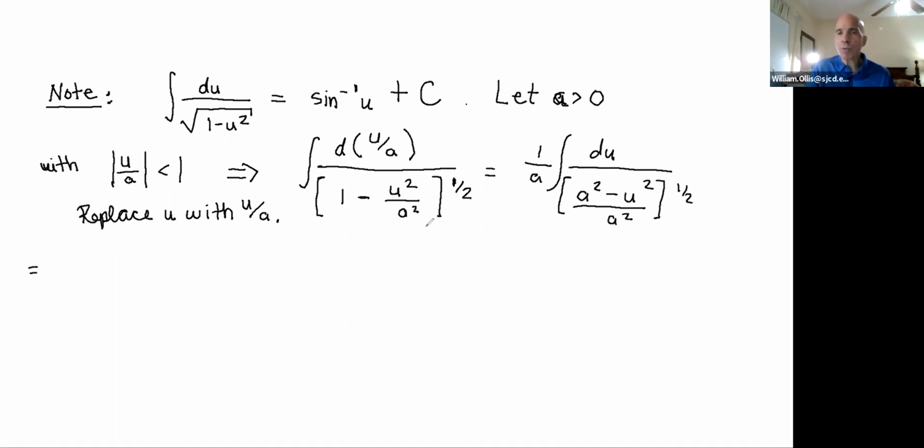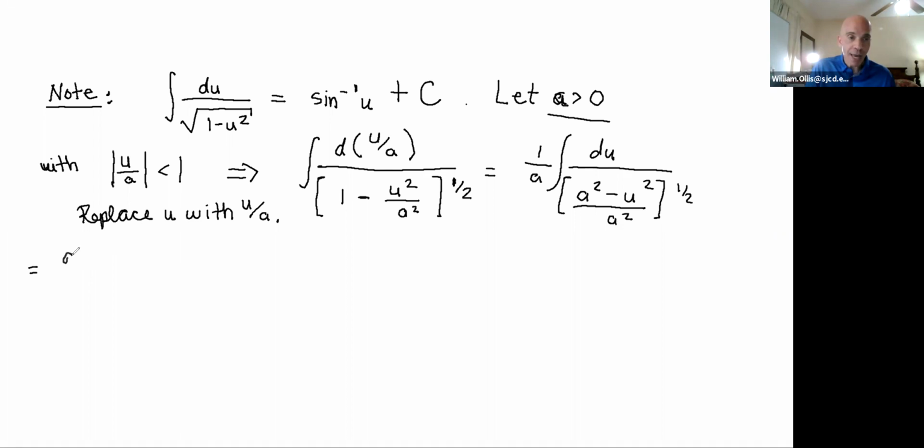And now, remember, just like we had the problem before where we have the square root of 25, that was 1/5. So this is going to give us 1/a. Remember, the square root of a squared is the absolute value of a, but we have assumed that a is positive. So this is just going to give us a/a.